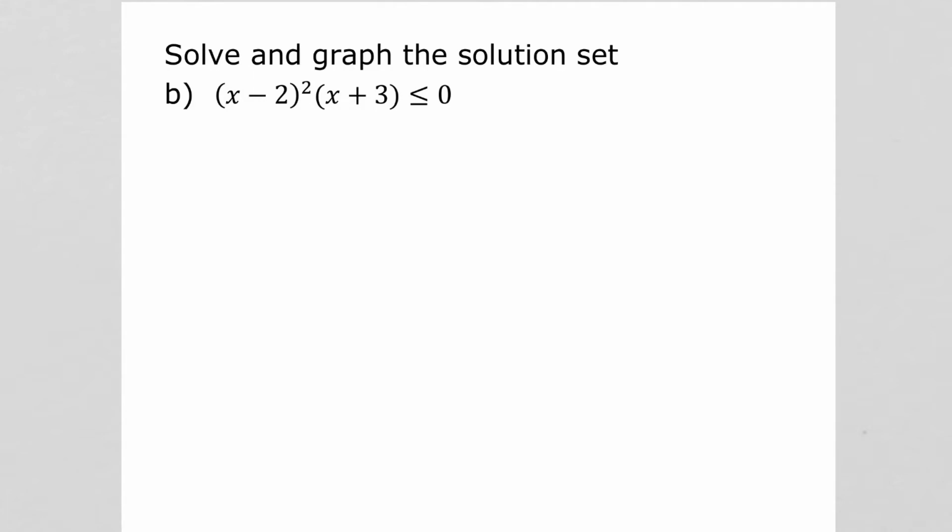So same type deal. We're going to set both of these equal to 0. It's already factored. We don't need to set x minus 2 equal to 0 twice. So we've got x equals 2 and x equals negative 3. We do need to take into account the fact that the x minus 2 has a multiplicity that is even.